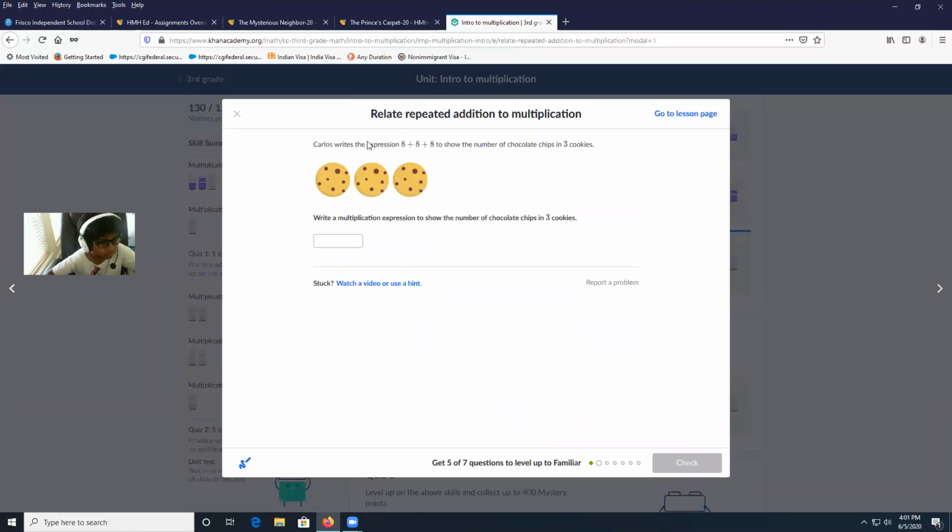Carlos writes the expression 8 plus 8 plus 8 to show the number of chocolate chips in 3 cookies. Write a multiplication expression to show the number of chocolate chips in 3 cookies. An expression would be writing like 8 times 3.